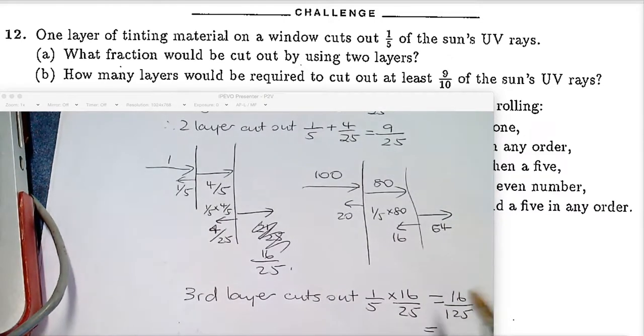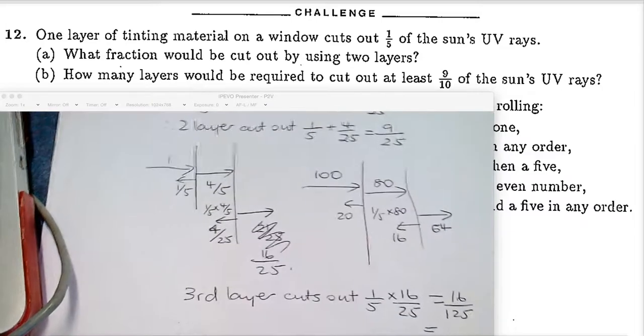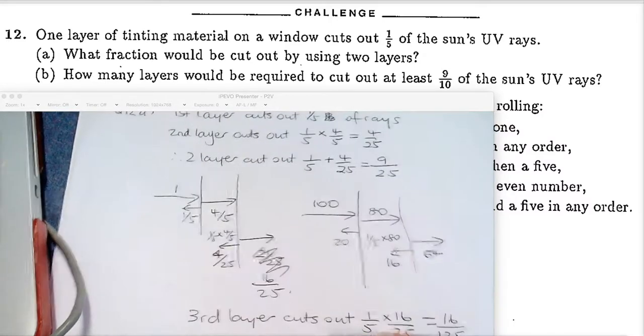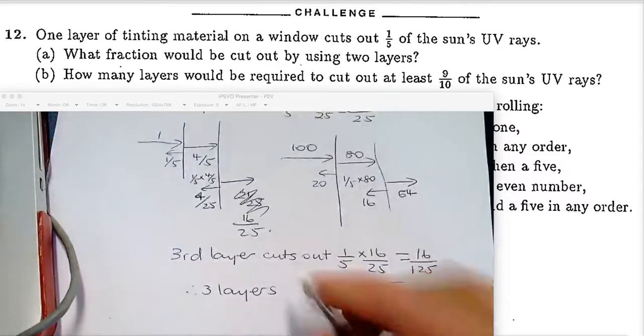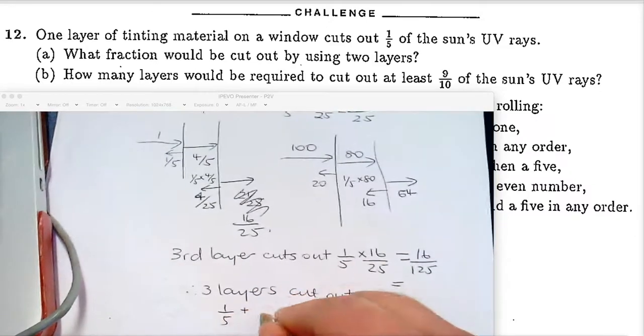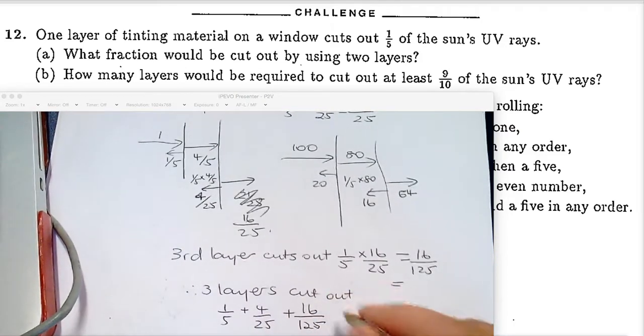So then you add that to what the other 2 are. So let's just look at how it's looking. So therefore the 3 layers cut out, now I'm going to do the series, 1/5 plus 4/25 plus 16 over 125 so far.